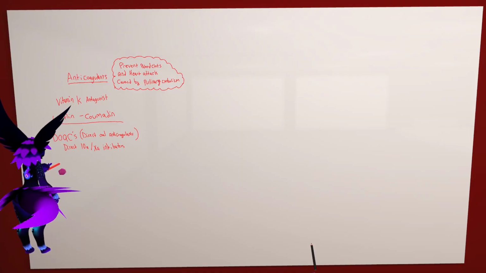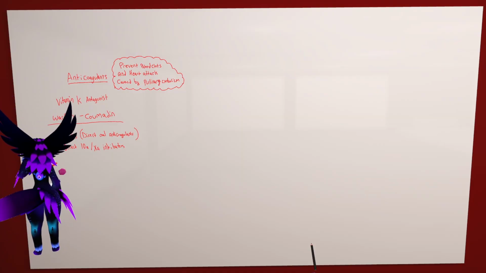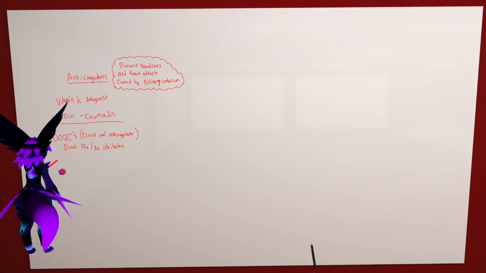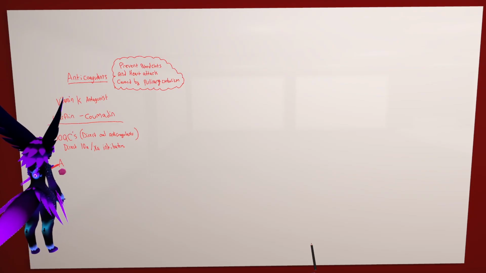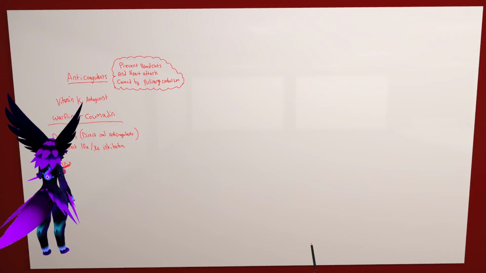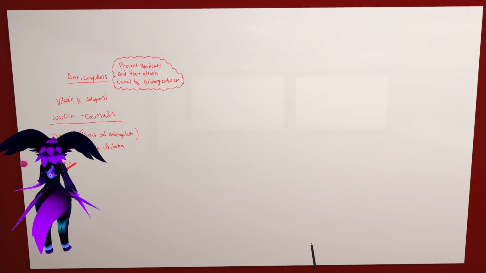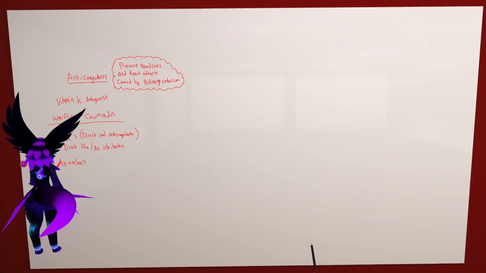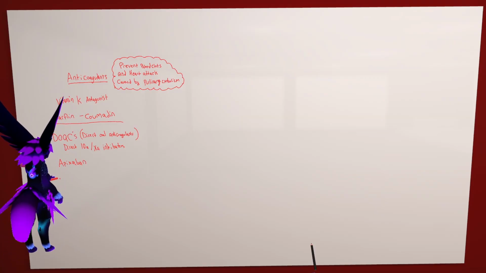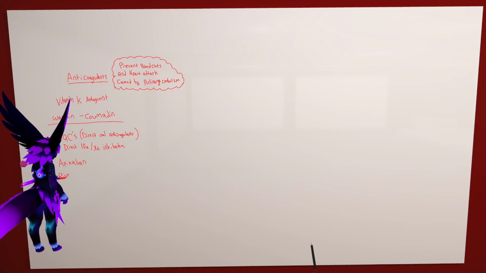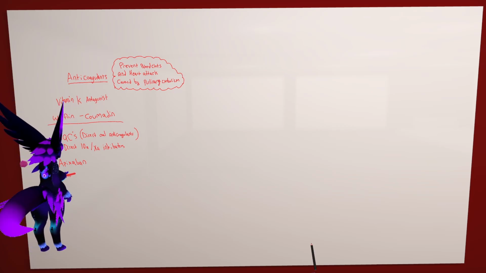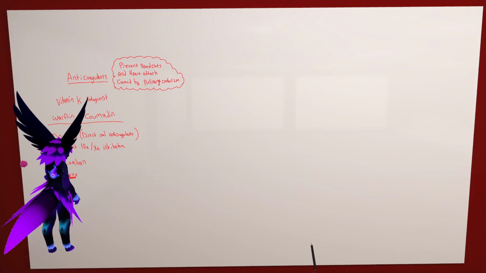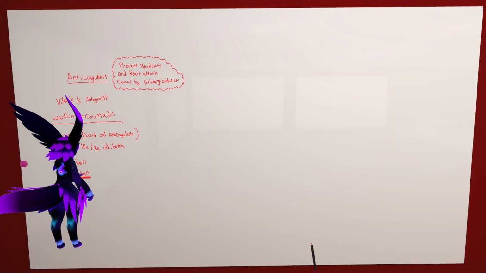So the most popular of those would be apixaban and rivaroxaban. So we got apixaban and rivaroxaban. And you can tell they're direct oral anticoagulants by the suffix down here, A-B-A-N.